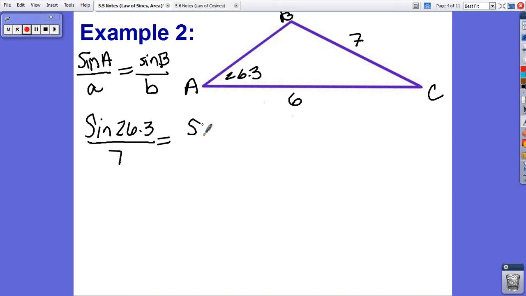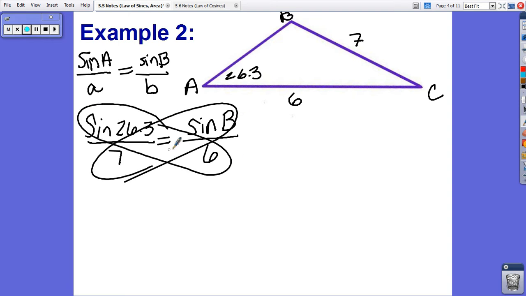I don't know the angle B, so I'm just going to write sine of capital B, and it's across from 6. Same thing, I'm going to cross multiply, writing everything exactly the same. So this time I have 6 times the sine of 26.3 equals 7 times sine B.